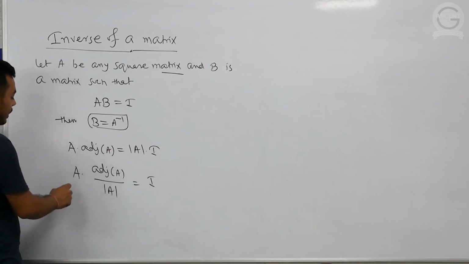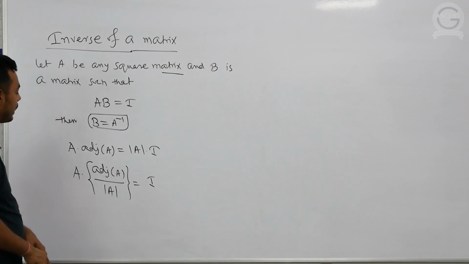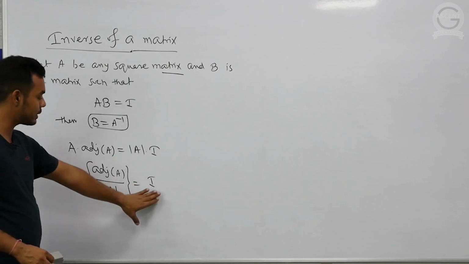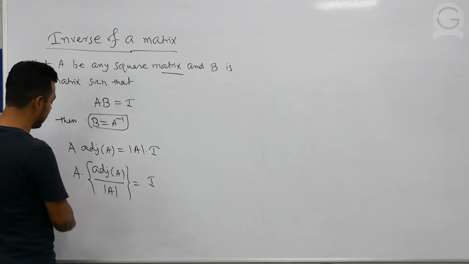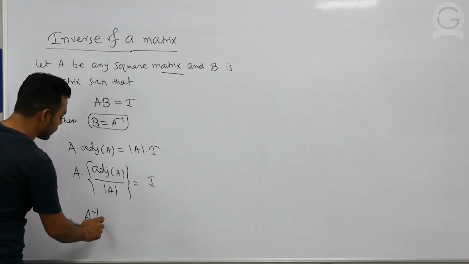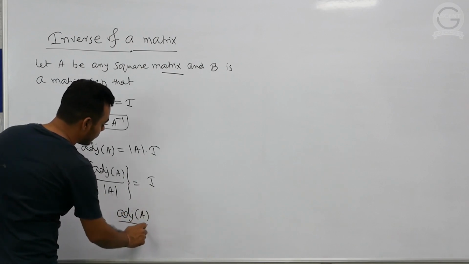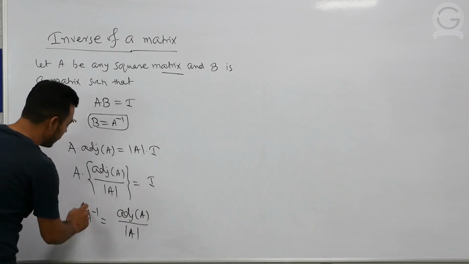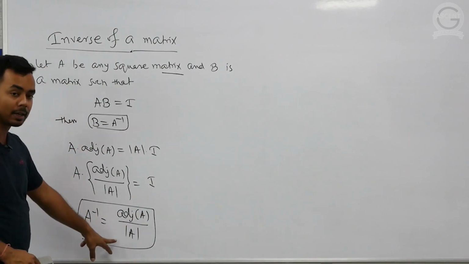Now you can see that you have one matrix A, another matrix adjoint of A by determinant of A, and the product of these two matrices is the identity matrix. So the second matrix is nothing but the inverse of the first matrix. So I can write that A inverse will be nothing but adjoint of A divided by determinant of A. So this is the formula to find the inverse of any matrix: adjoint of A by determinant of A.